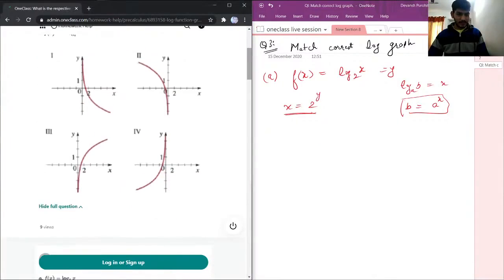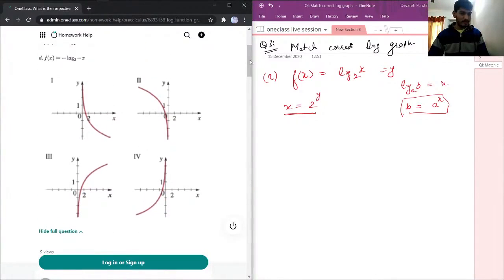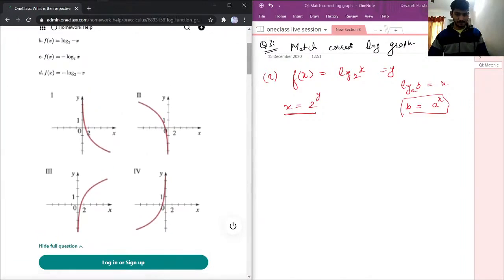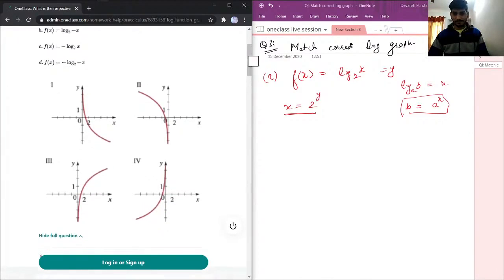Let's see in the graph the values that are given. I have another approach now. I'll keep y as 0.